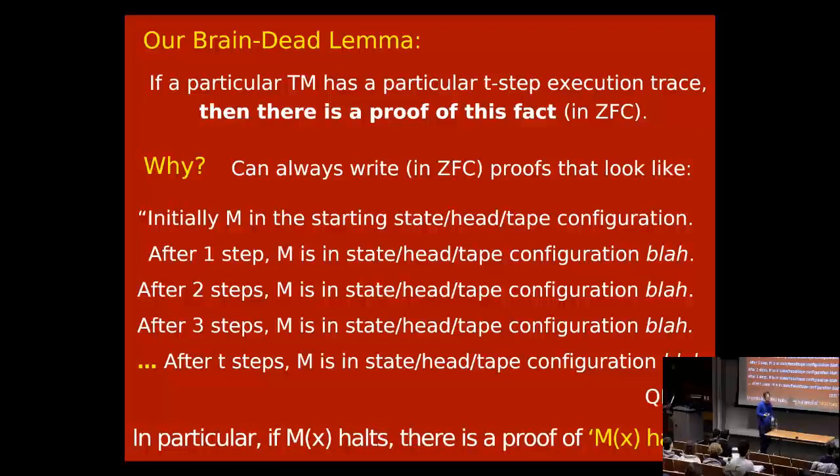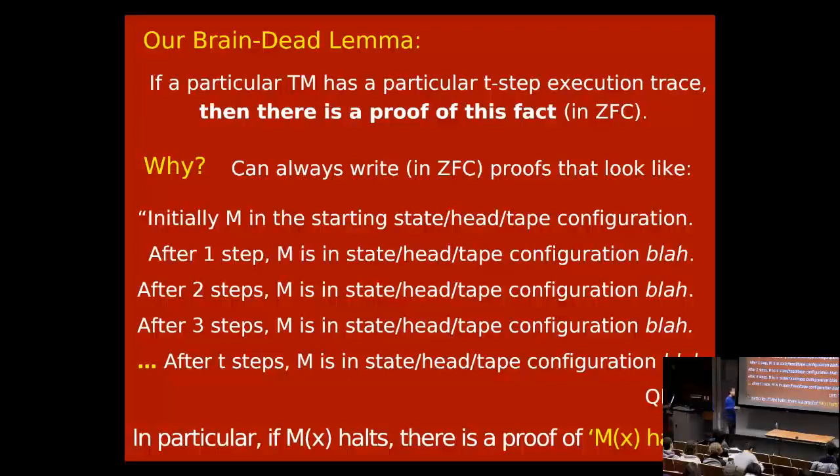I know this is a bit of a weird concept, but this is what I claim is true. And in particular, as a little corollary, if you have a particular Turing machine M and a particular string x, and it's true that M of x halts, there will always be a proof of the statement M of x halts. Because if M of x halts, it halts in some finite number of steps t.